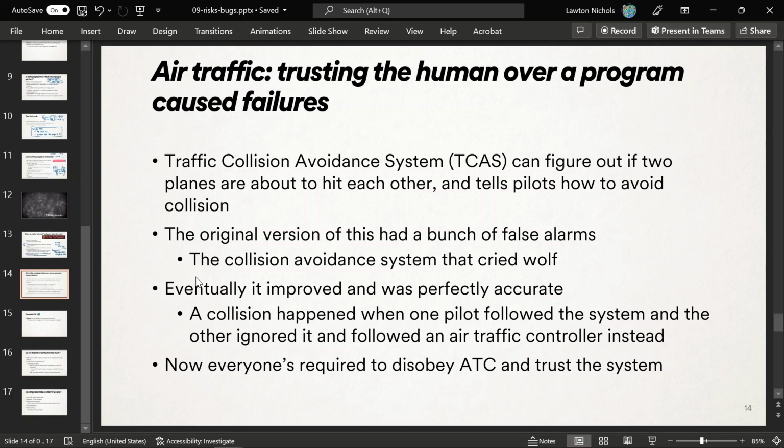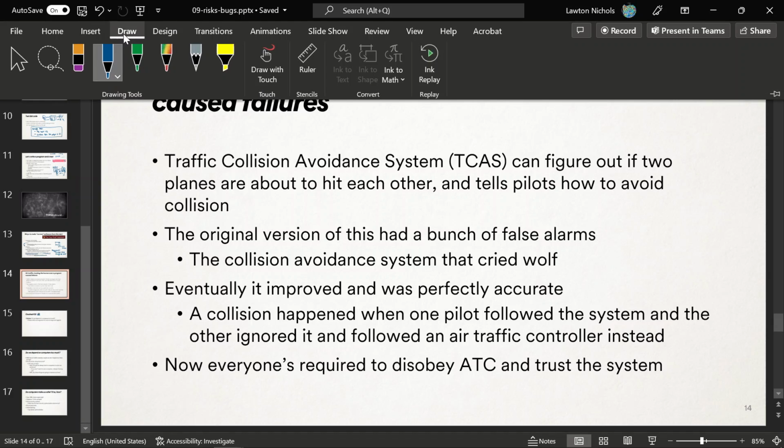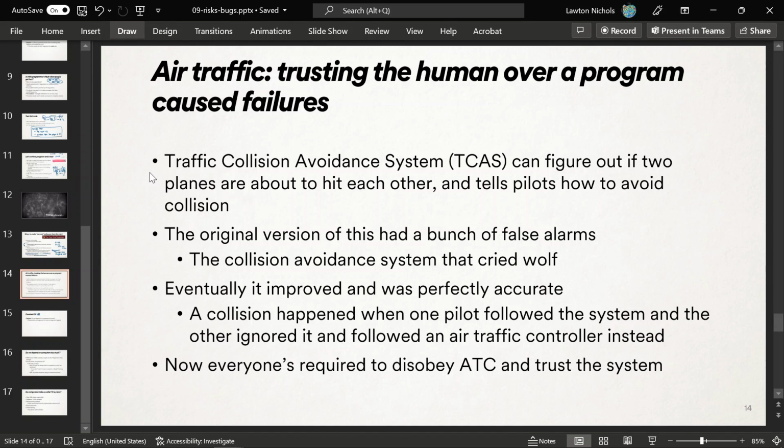So let's talk about air traffic control. This is an example from your book. There is this cool piece of software. It's called the Traffic Collision Avoidance System, which I assume is pronounced TCAS when they abbreviate it like that.